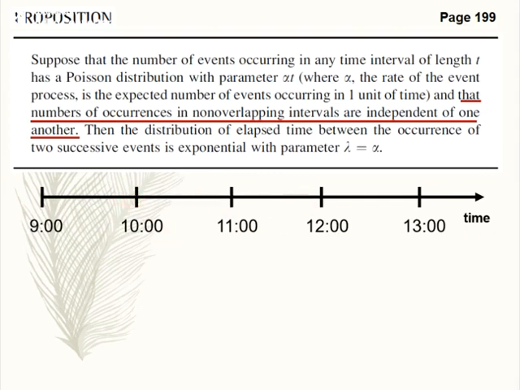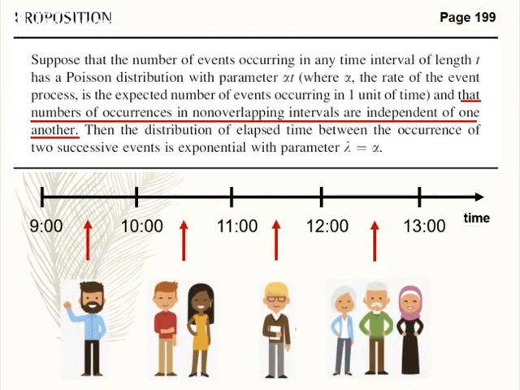So customers can arrive in different hours. You could have one customer in the first hour, you could have two, one, it doesn't really matter. So there are different numbers of customers. What the statement is saying is that the number of occurrences, in our case the number of customers who arrive in non-overlapping intervals, is independent of one another.